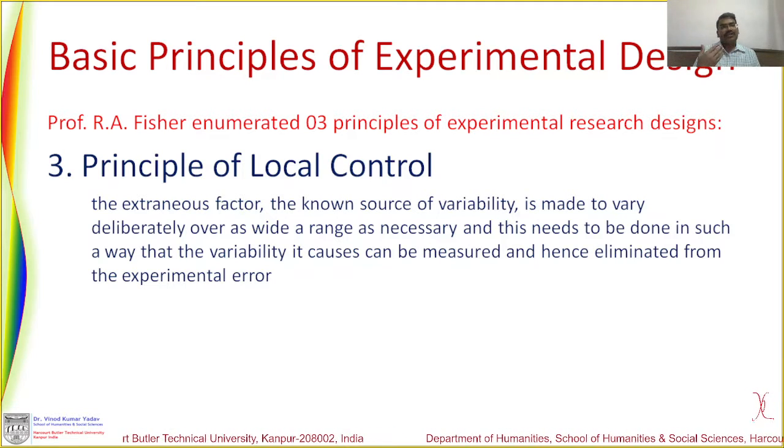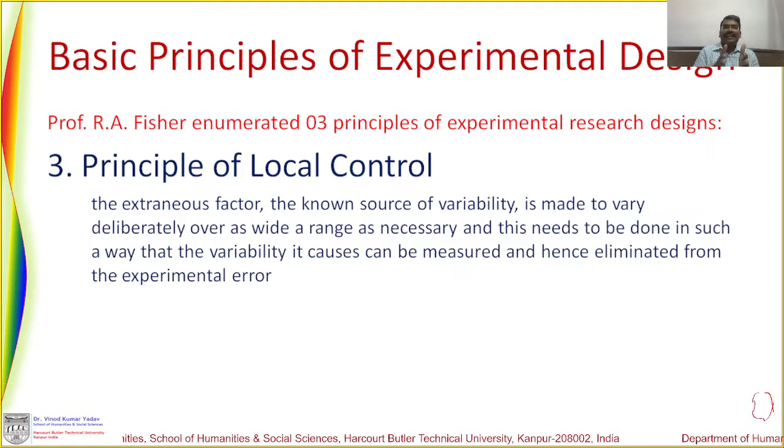So if it is two times in some way, you measure it, and with that measurement you eliminate the experimental error. That means if per capita income is 1 lakh here and 60,000 there, you get this data, and you can measure to what extent it will impact the causal effect relationship.